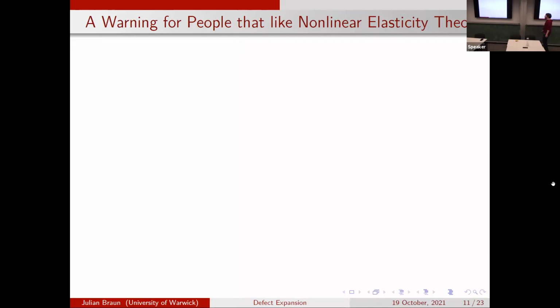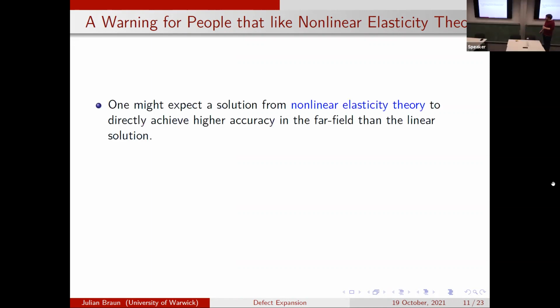Here's a warning for people that like nonlinear elasticity theory, because I know there are always some, including myself, that very much like nonlinear elasticity theory. Normally you would expect that linear elasticity gives you one order of accuracy, and if you use nonlinear, maybe you get more. But that's not the case. If you just replace it by the nonlinear solution, what I just showed you, you get the exact same estimate.